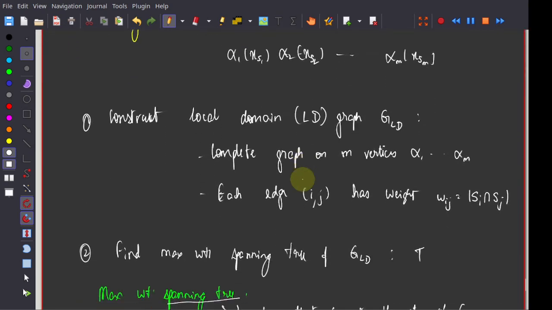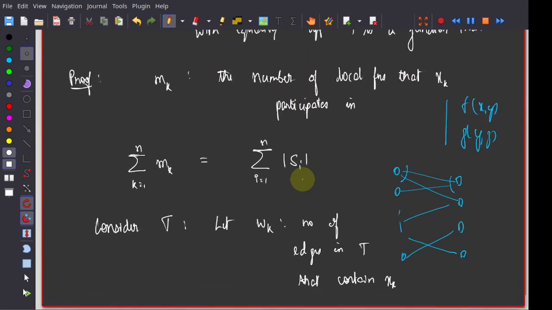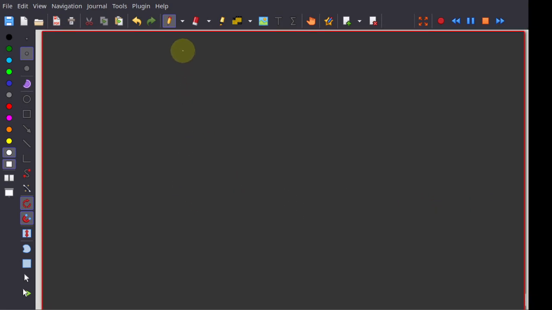So if I look at wk, this is always going to be less than or equal to mk minus 1, and it's equal to mk minus 1 only if that subgraph of the spanning tree is fully connected.